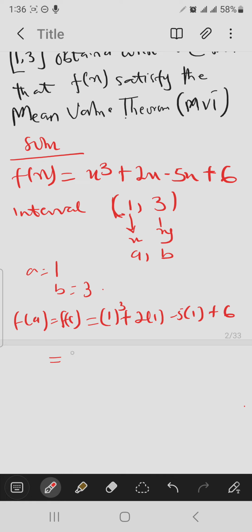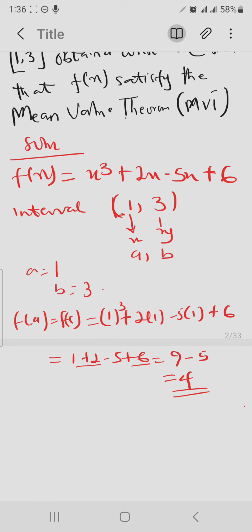So 1 cubed is 1, plus 2, minus 5, plus 6, which gives 9 minus 5, which equals 4. The answer to this is 4.